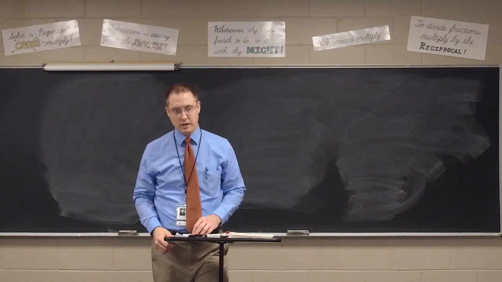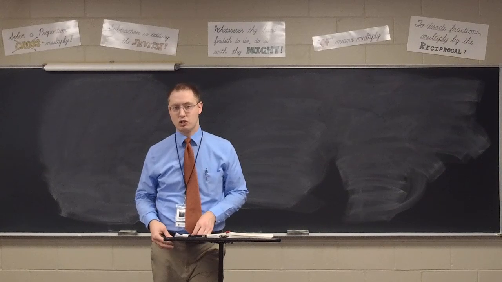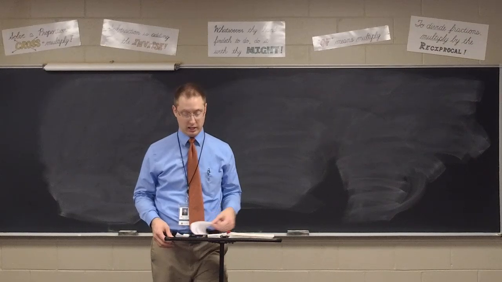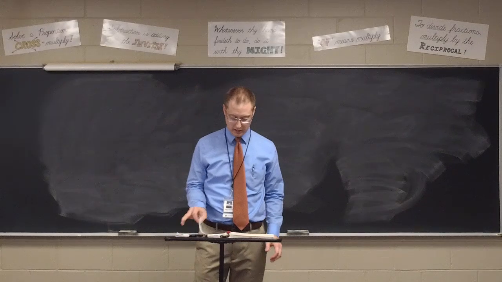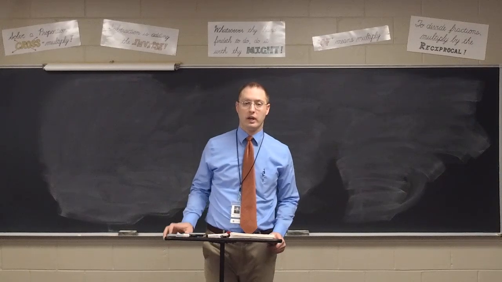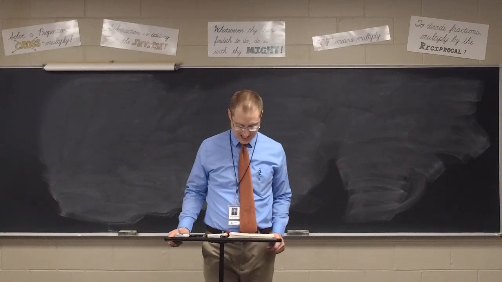Common chord. If two circles have the same center, those circles are referred to as concentric circles. A line that intersects a circle at two points is called a secant. Secant.